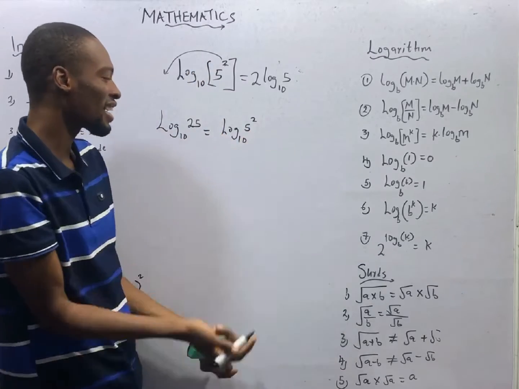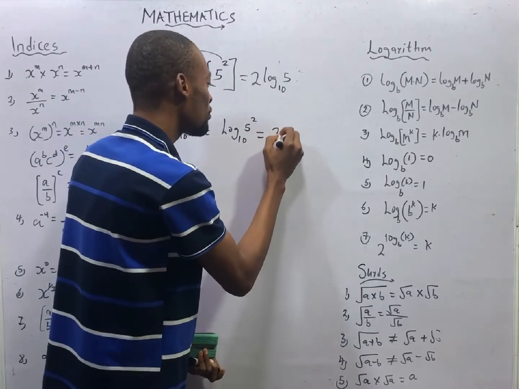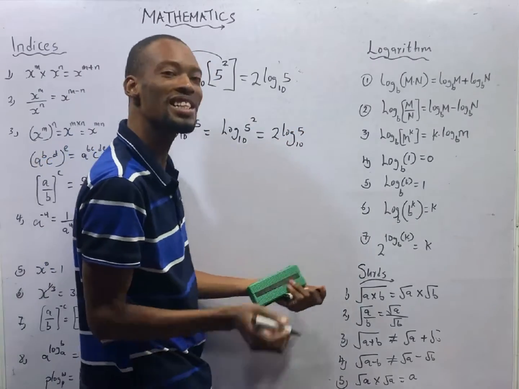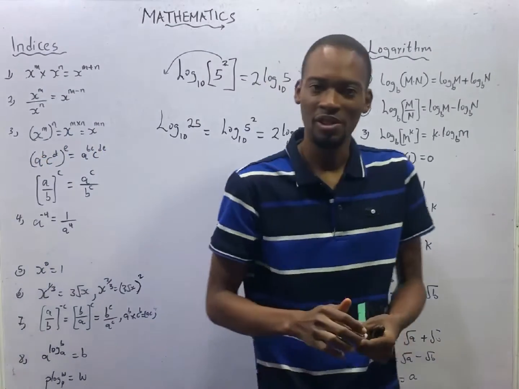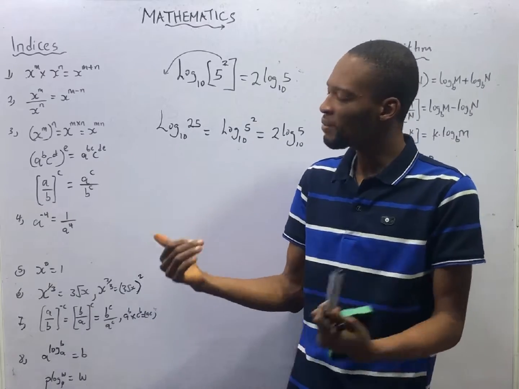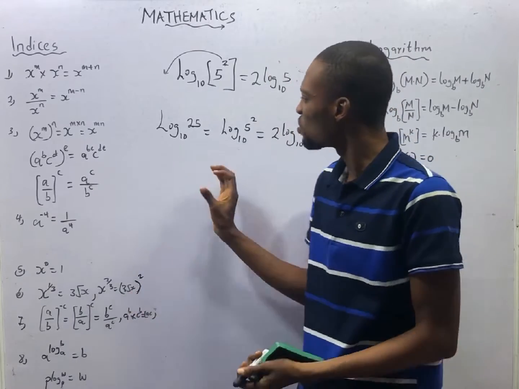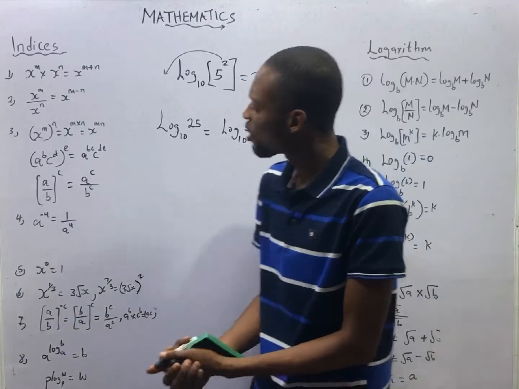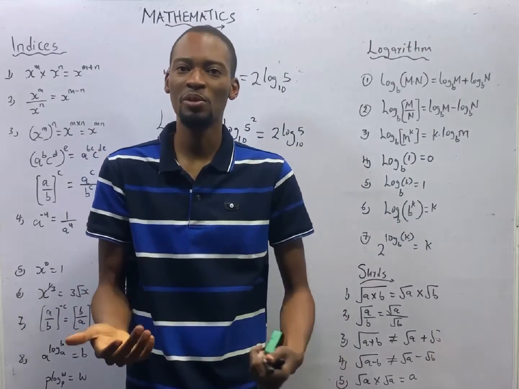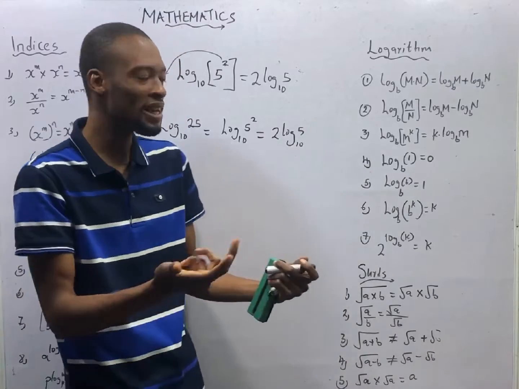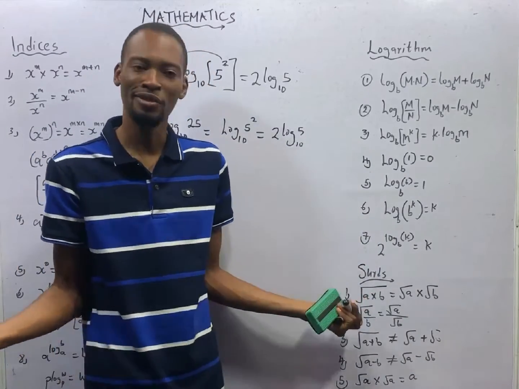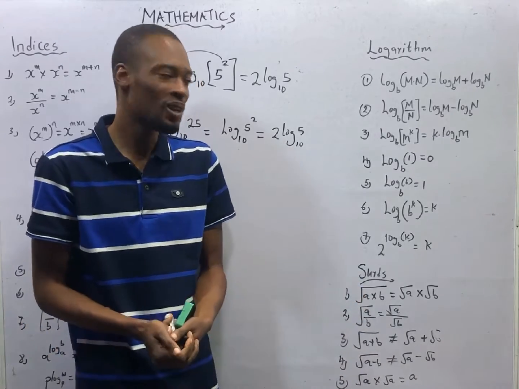So from here, I can also say that this is 2 log 5 to base 10. You see, from the rules, you can expand, you can manipulate, or you can simplify to get what you want. Operations under logarithm require you to simplify, to change, to expand, or to solve so as to get what they require of you. That is simply the logic.